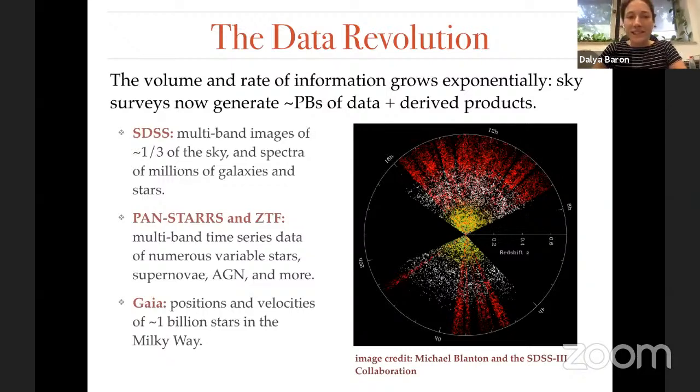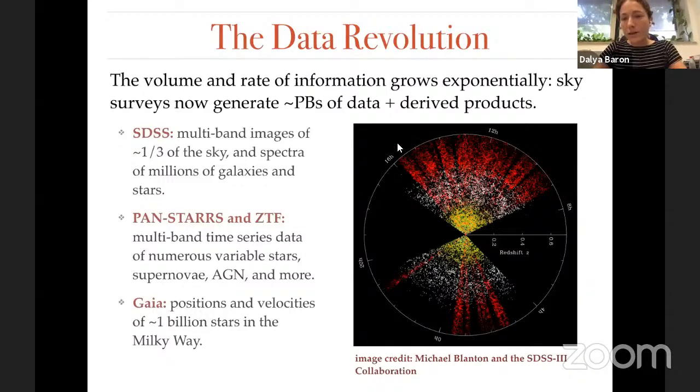And the sky surveys that we have operating now generate petabytes of data and derived products. One of my favorite examples is the Sloan Digital Sky Survey. This is a large survey that provided us with multi-band images of roughly a third of the sky. And it gave us spectra of millions of galaxies and stars.